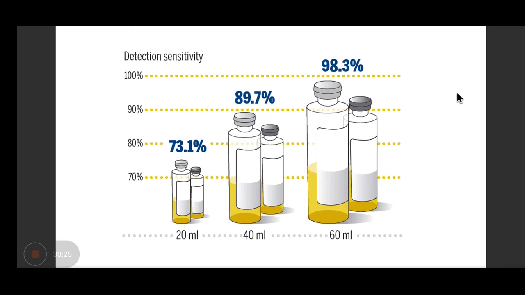So blood culture is very important in bloodstream infection and enteric fever, and even in pneumonia and meningitis you can find the bacteria in blood.